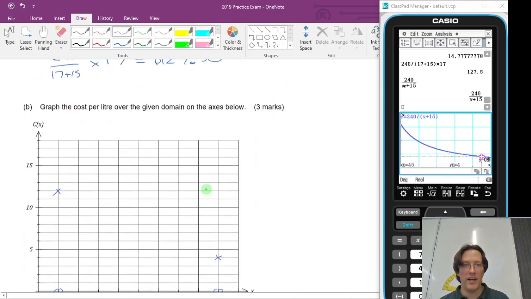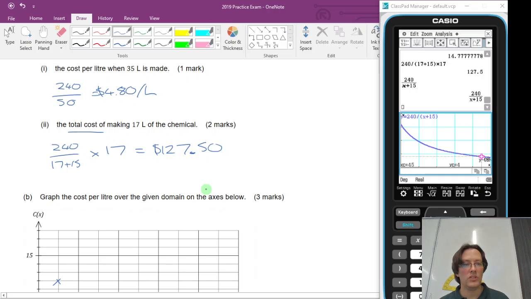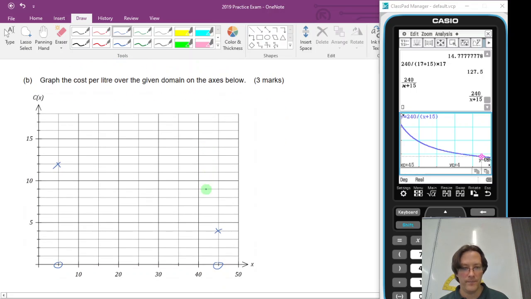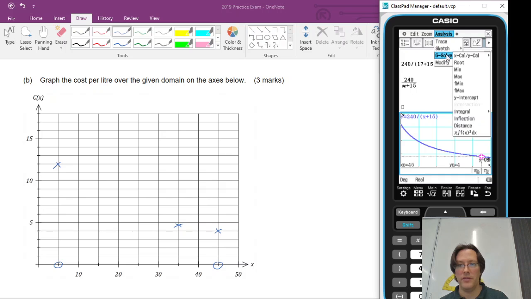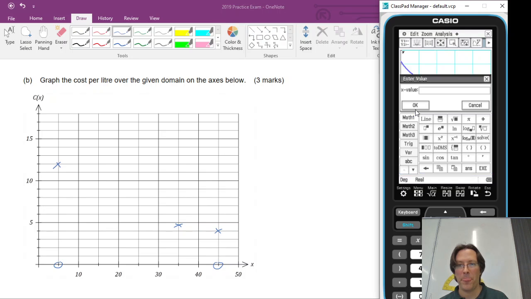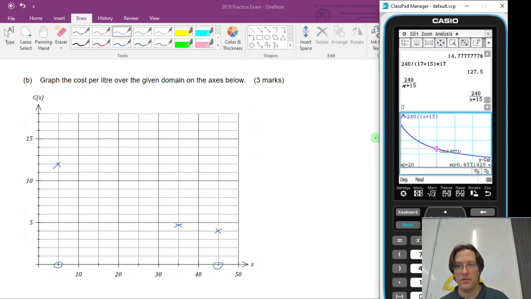And we've got a few other values up here. At 35, it's $4.80. So, let's just do another one for good measure. X equals 20. X is 20, y equals 6.85. So that's going to be around about there.